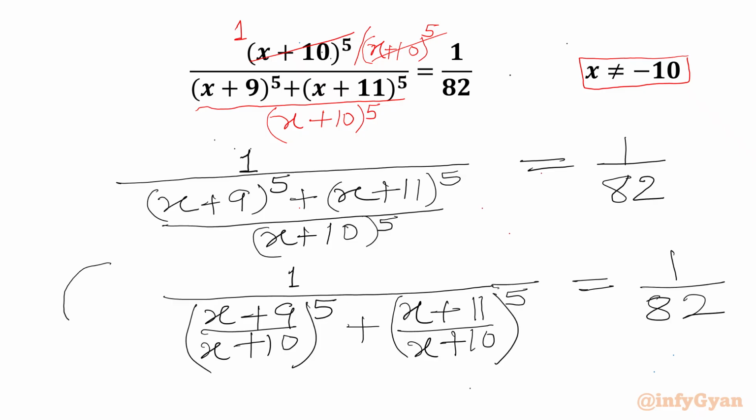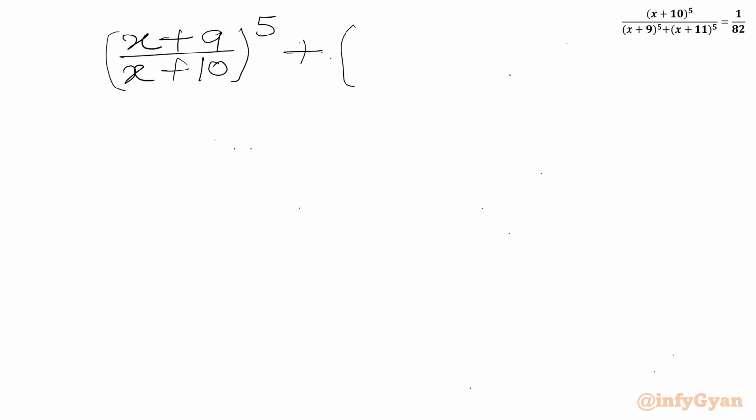Now I will consider the reciprocal of both sides. So switching numerator and denominator, we will get ((x+9) over (x+10))^5 + ((x+11) over (x+10))^5 equal to 82.